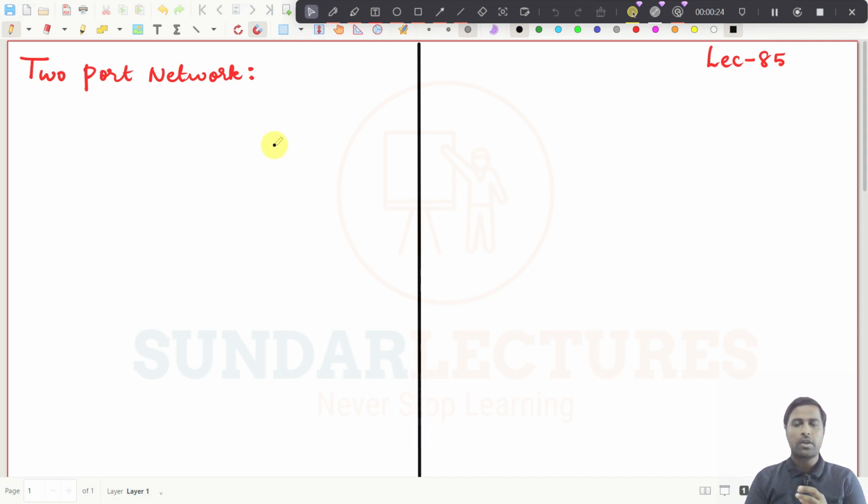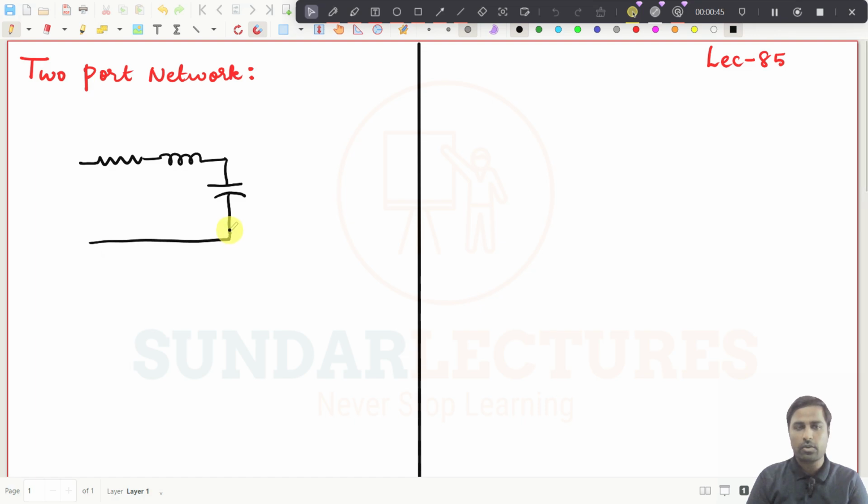But today what we are trying to learn: if I have any RLC circuit, maybe there is a resistance and an inductance, and there will be a capacitance. Until now, what we have seen is that a circuit is like this, and we excite this circuit, maybe with AC or DC, anything.